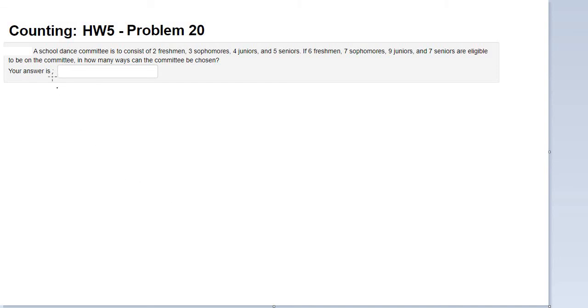Problem number 20. A school dance committee is to consist of 2 freshmen, 3 sophomores, 4 juniors, and 5 seniors. Let's write as we are reading. If 6 freshmen, 7 sophomores, 9 juniors, and 7 seniors are eligible to be on the committee, in how many ways can the committee be chosen?